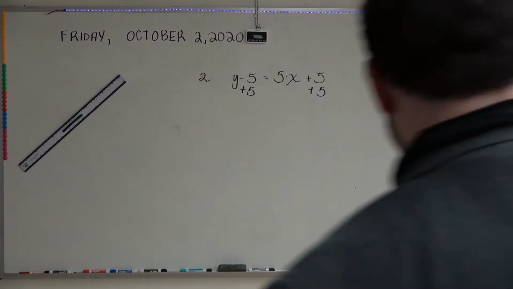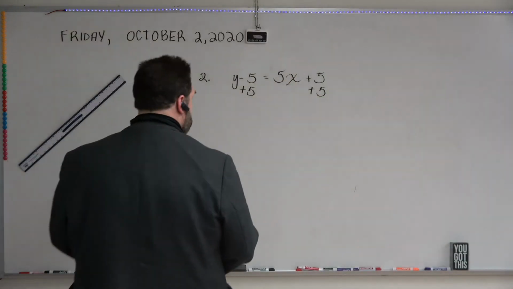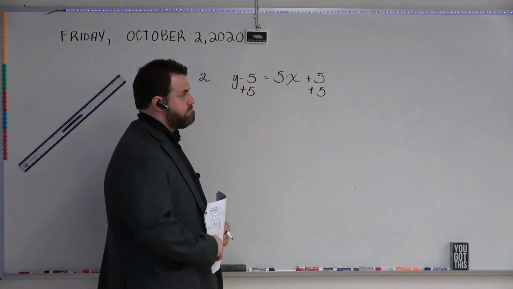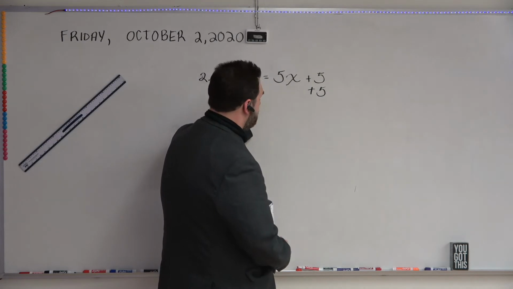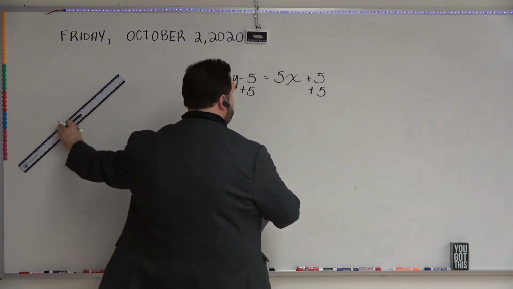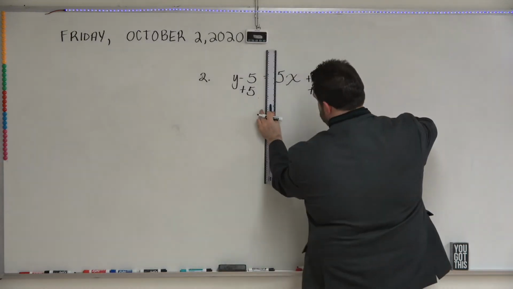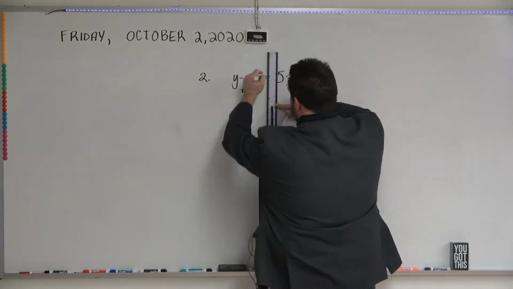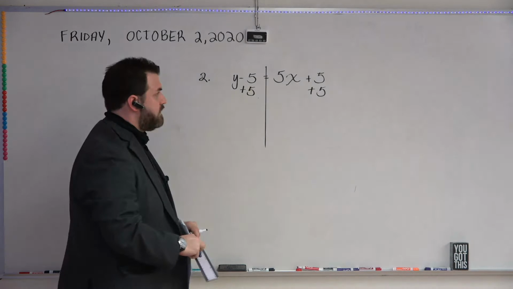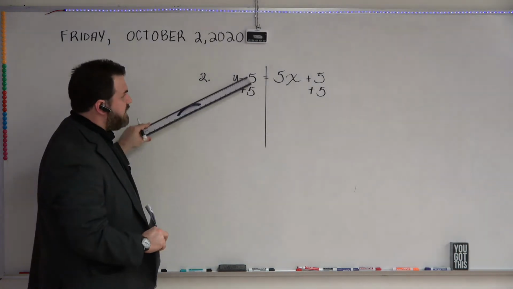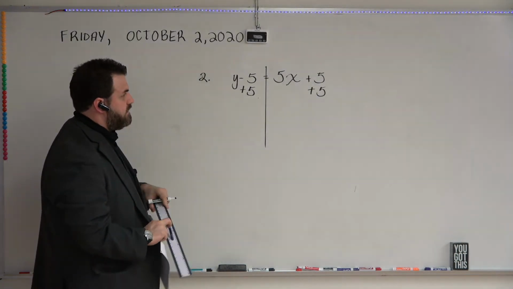Now what? You gotta draw a line under both, or draw a line through the equal sign. Good. All right. Now I can cancel these out, right?